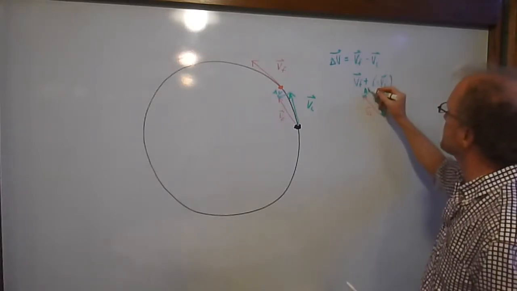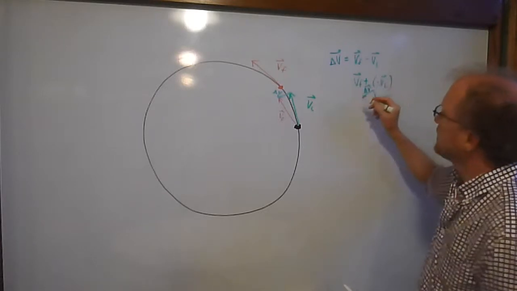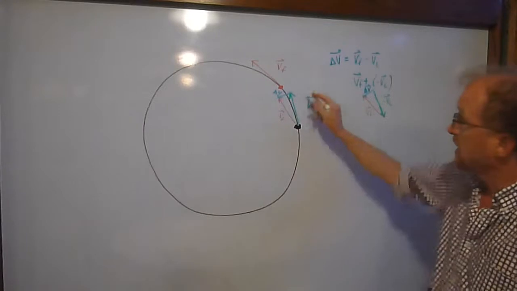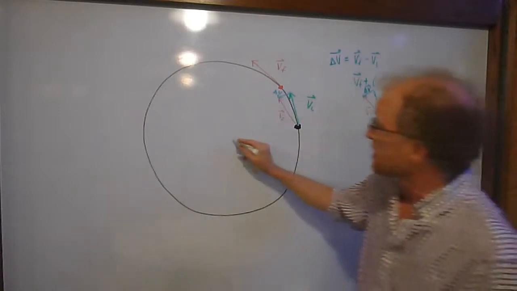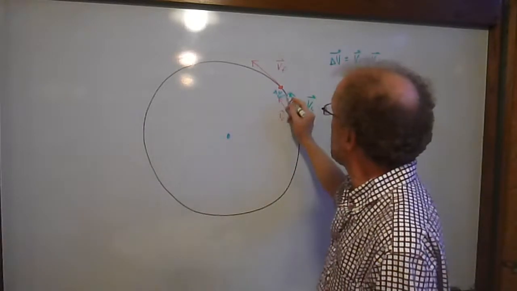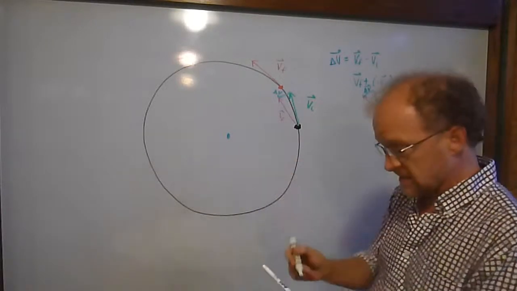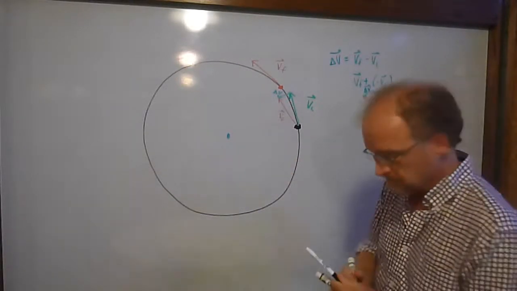So that's our delta V. So we can see by either of these derivations that the direction of the change in velocity is toward the center of the circle.